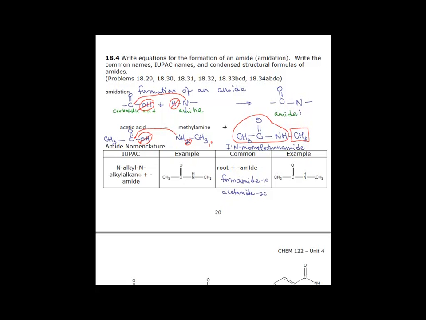So this same amide, it's a 2 carbon parent, so using common nomenclature would be acetamide. And you still say N-methyl, so it's N-methyl acetamide. So I want you to add in the common nomenclature N-alkyl, N-alkyl.